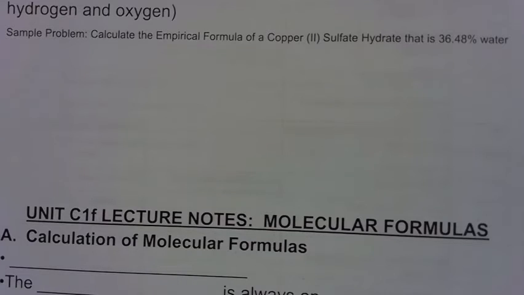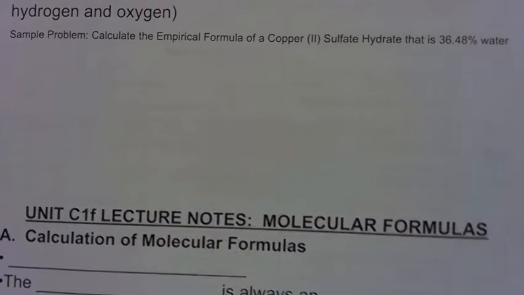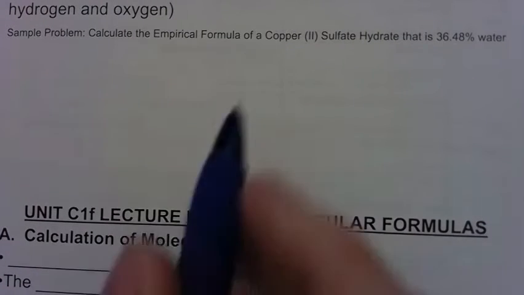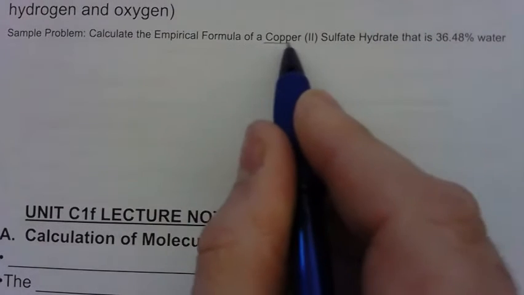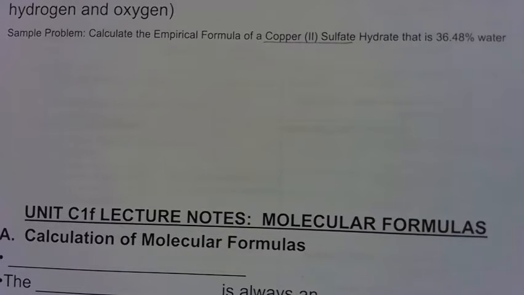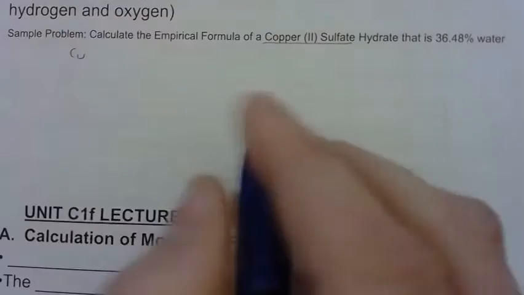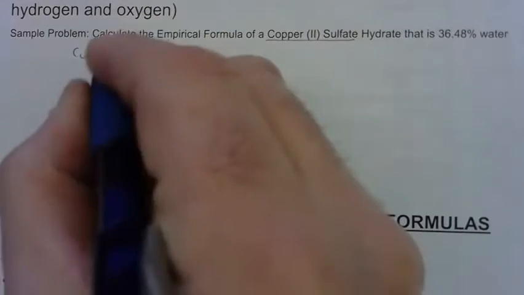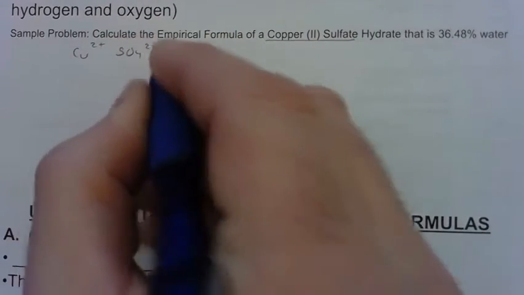Now, this is how you do empirical formula problems for hydrates, all right? Compounds that are hydrates. So we're looking at this, and first of all, we want to make sure we have the correct chemical formula for copper 2 sulfate. So real fast, I know that copper 2 is 2 plus, sulfate is SO4 2 minus.